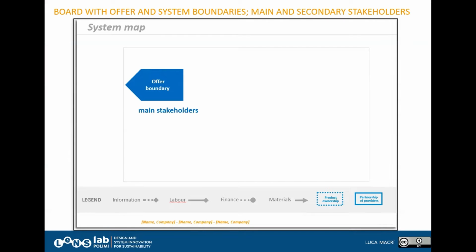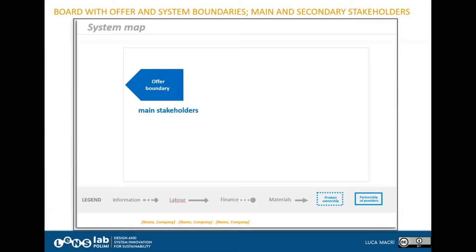And so how to use it? This is what you're going to see in your PowerPoint. So there is a first boundary, which is the offer boundary. You see that rectangle in gray. Inside the offer boundary, there will be the icons of the main stakeholders involved in the system. It's full screen.